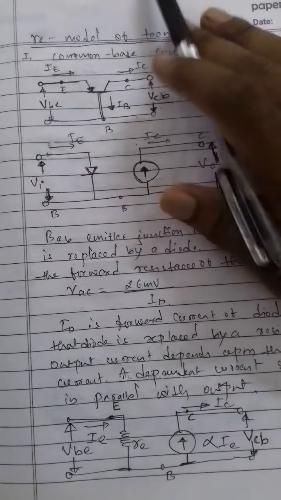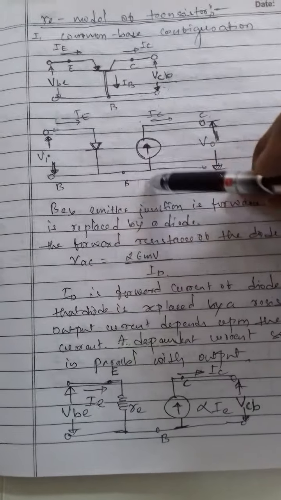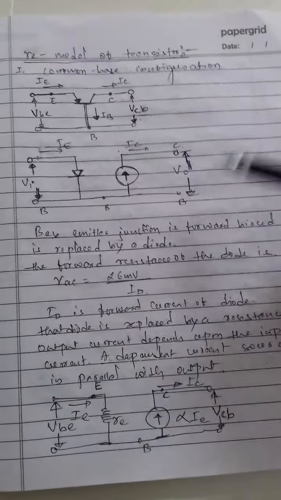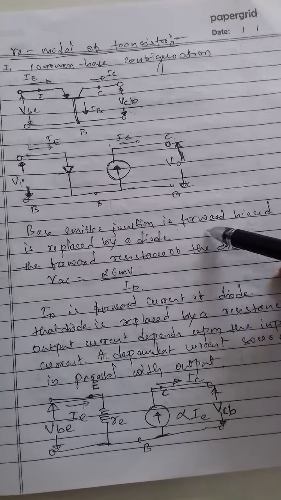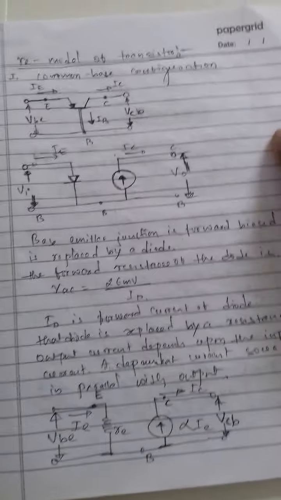Now to draw the re model for the transistor, the base emitter junction, which is forward biased, is replaced by a diode.